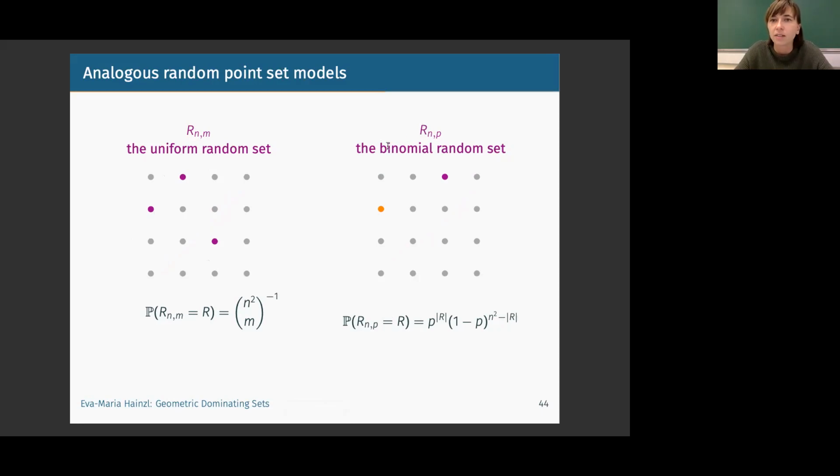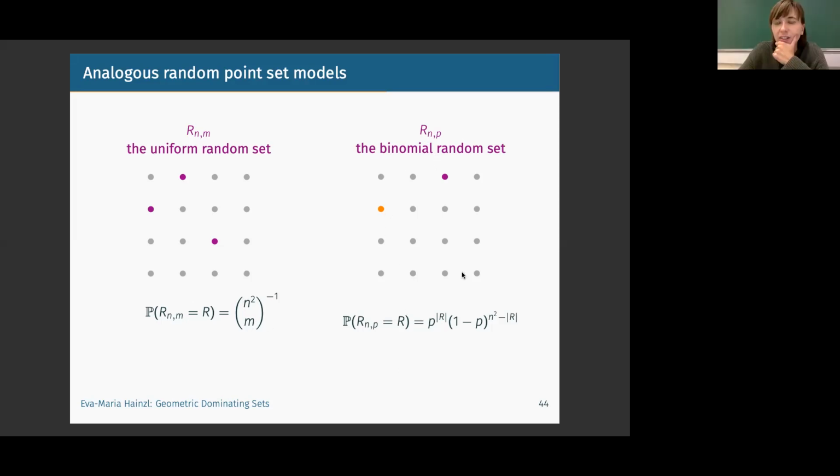And then the binomial random set, again, n is the size, 4 times 4. And then with probability p, we take each point, we throw a coin for each point individually, and with probability p, we take it into our set or not. And yes, so the probability that a random point set looks exactly like this set would just be 1 over n squared, which is the number of points in the set, choose m.